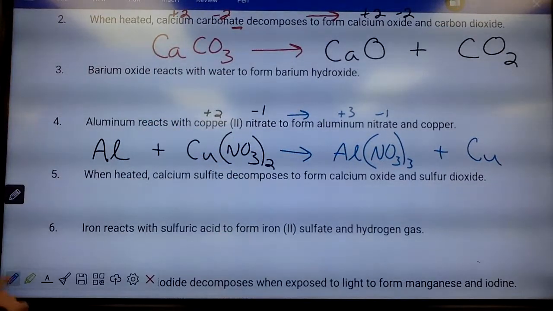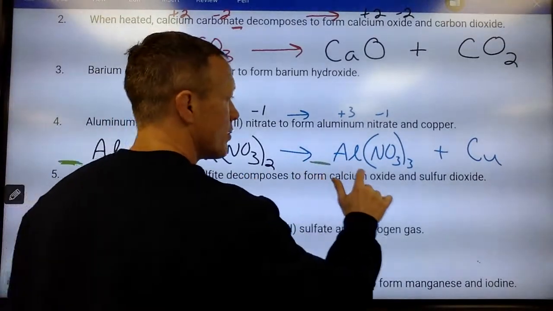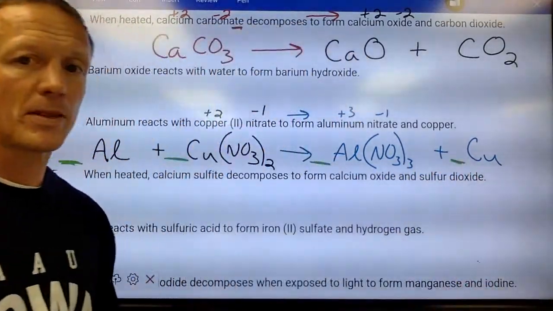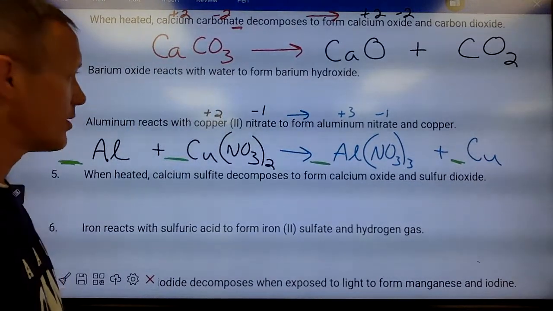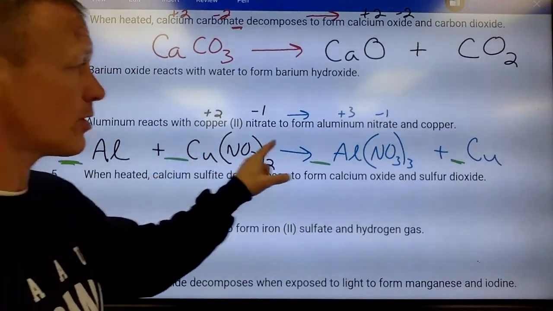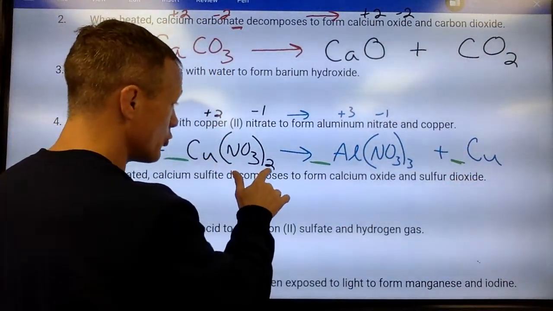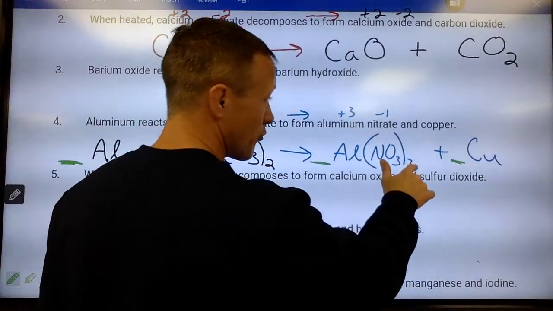Now we're going to balance. When we balance, I can put a coefficient out in front of each formula, but I can't change any of the subscripts. We've got 1 aluminum in the reactants, 1 aluminum being produced, 1 copper, 1 copper. I'll do my NO3 as a group. I have 2 NO3 groups and 3 NO3 groups.